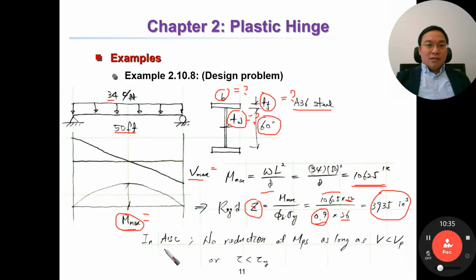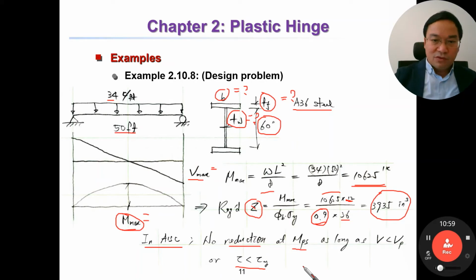Note that I already mentioned, in the AISC design code, no reductions at Mp as long as V is smaller than Vp or tau smaller than tau y. I already mentioned before, right?